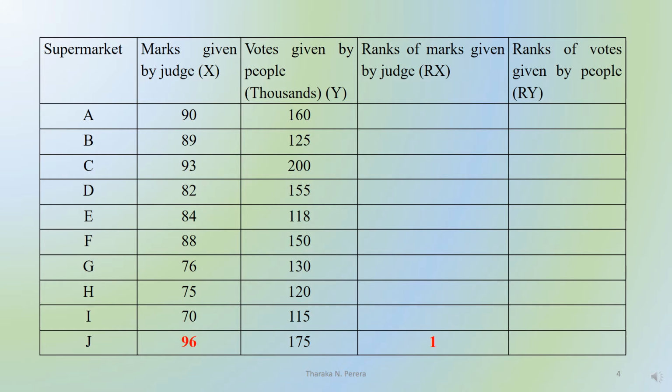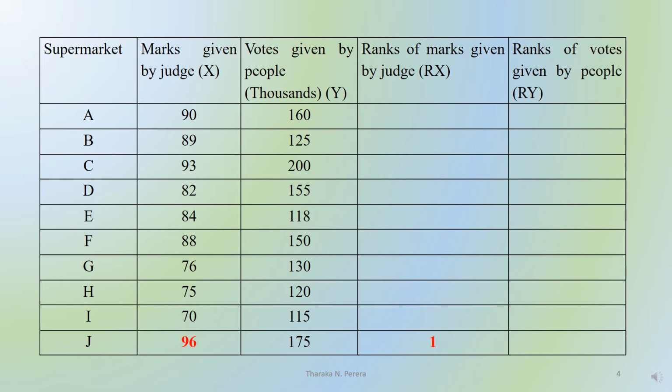Here I added 2 columns to the table. As the first step, I give the rank for the first variable, which is marks given by judges. Normally we put ranks in descending order. Rank 1 for the highest value, rank 2 for the second highest value, and so on.